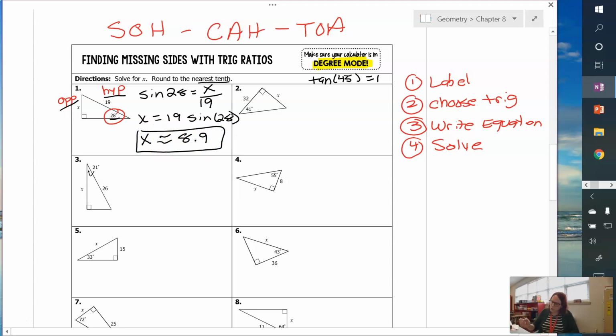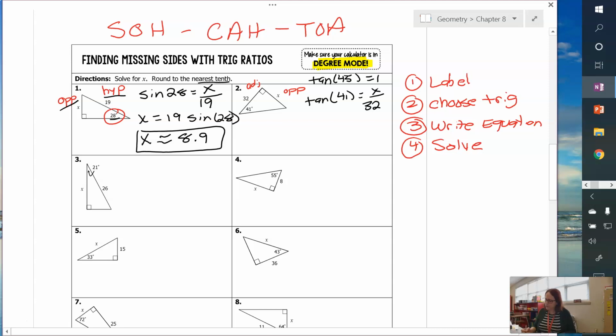Okay, number 2. First thing I'm going to do is label. So here's my angle 41. X is opposite. And then 32 is adjacent. So this time I have opposite and adjacent. That's TOA. So I'm going to choose tangent. Tangent of 41 is going to equal x over 32.